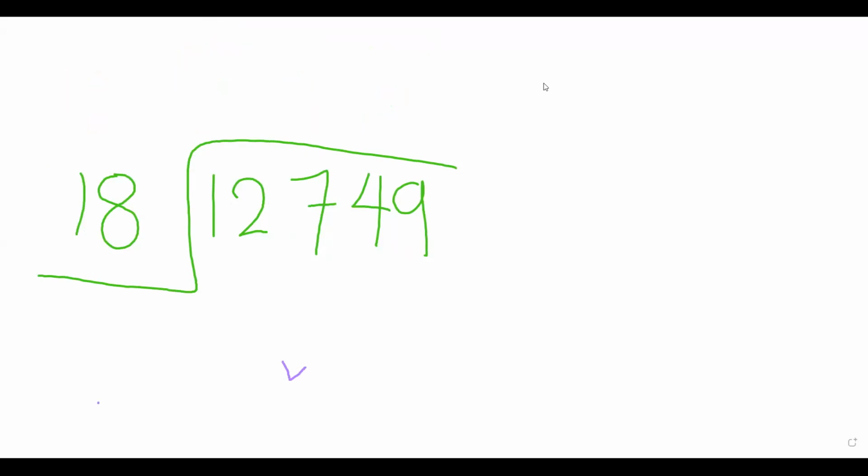So here, let's take number 7. Now, why do we take number 7? Because we have used the compatible numbers now.